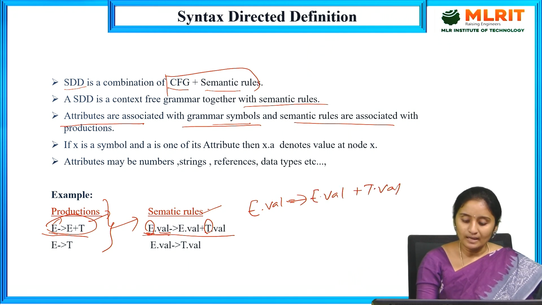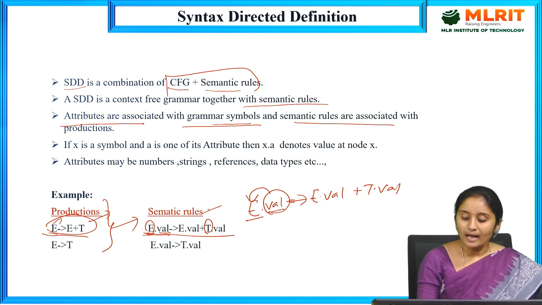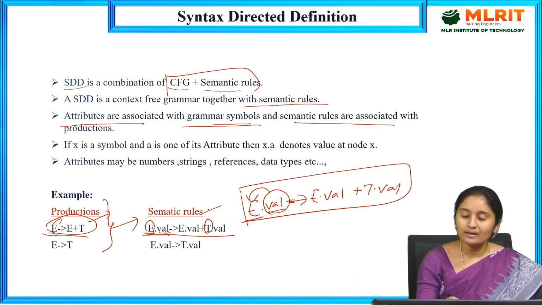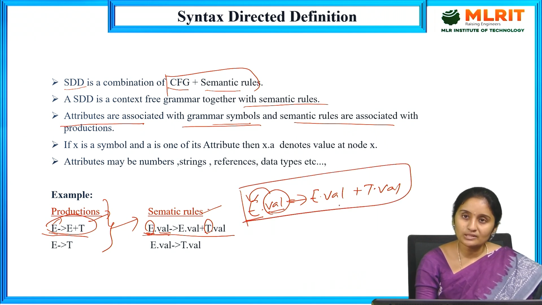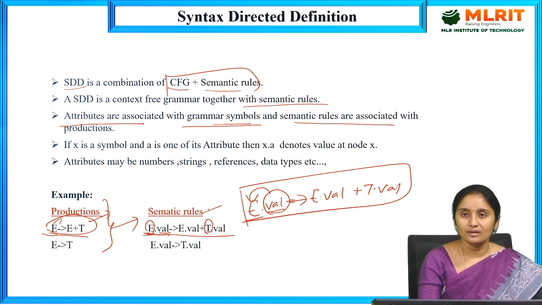E and T are the grammar symbols, and val are the attributes. These attributes are associated with grammar symbols, and the whole thing is a semantic rule. These semantic rules depend upon the productions.